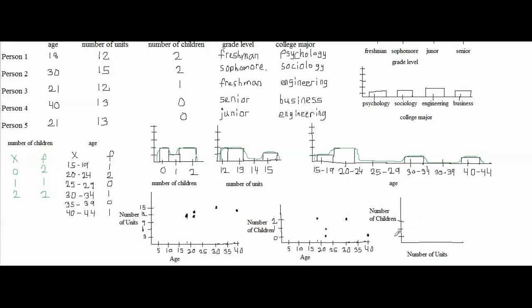On the y-axis we'll have 0, 1, and 2, because there's only 3 different numbers inside this column. So number of children, 0, 1, and 2, because those are the only 3 numbers that appear in the column of data. Number of units. For number of units, we were going up by 3s over here, so let's do the same thing right here. 3, 6, 9, 12, 15.